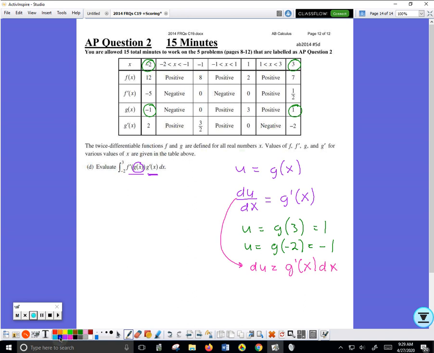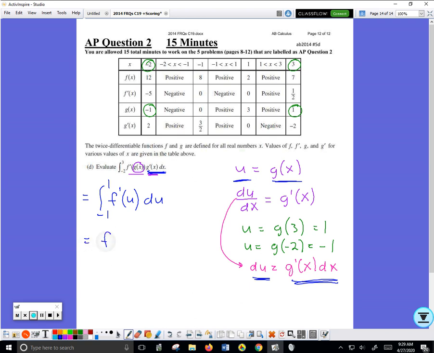So now I can change the integral. This integral is going to equal the integral from negative 1 to 1 f prime of u, because u is equal to g of x, multiplied by g prime times dx is just du. The antiderivative of f prime, this is the fundamental theorem.